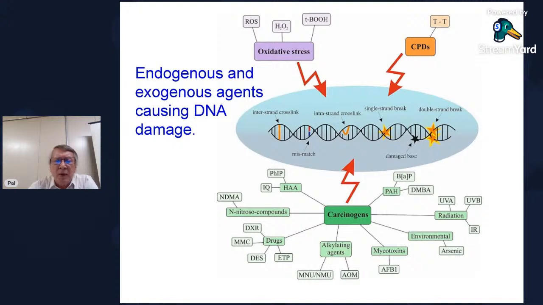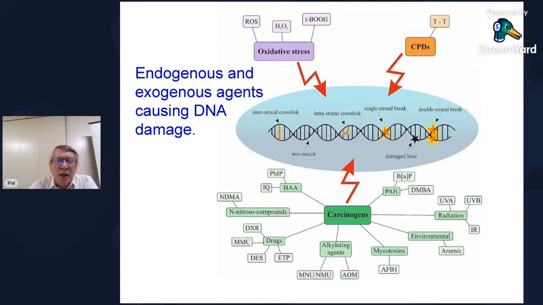The polycyclic aromatic hydrocarbons were mentioned in the previous lecture. Among them, dimethylbenzanthracene is the compound that was mentioned yesterday.